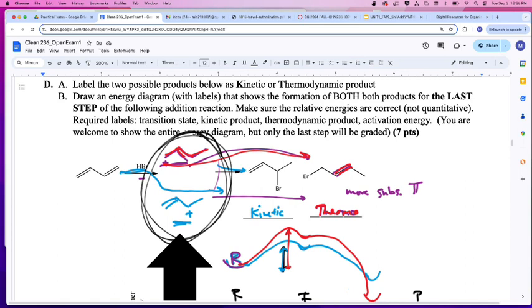Does my energy diagram show them being one and the same? No. So really what should happen is something more along these lines. The blue one has an activation energy that goes there. The red one has an activation energy that goes there. They're both going to the exact same point, but the blue one has a lower activation barrier because of generating the resonance form that's lower in energy.